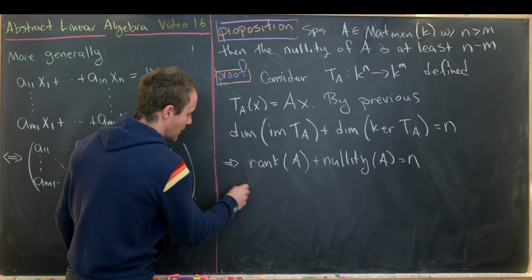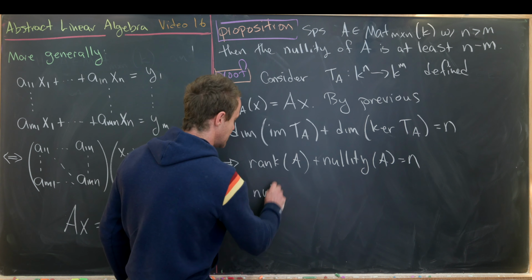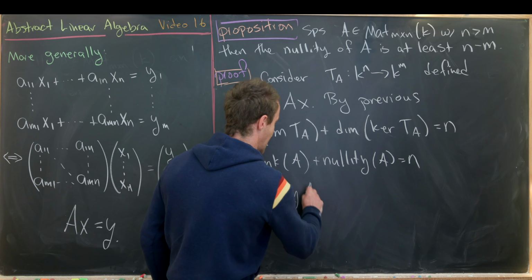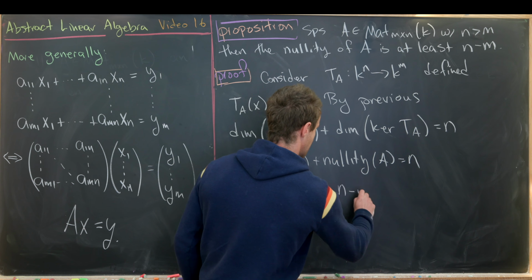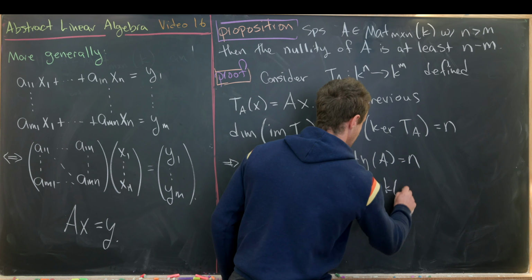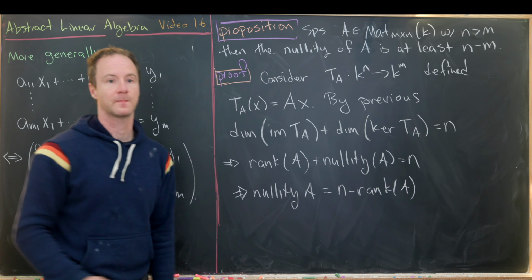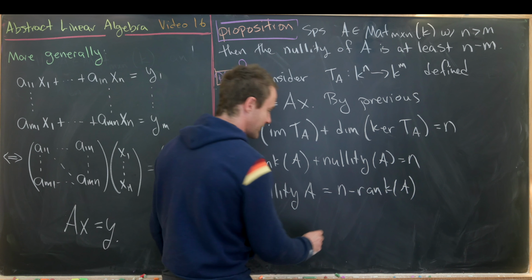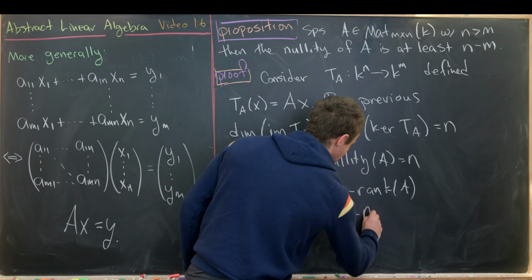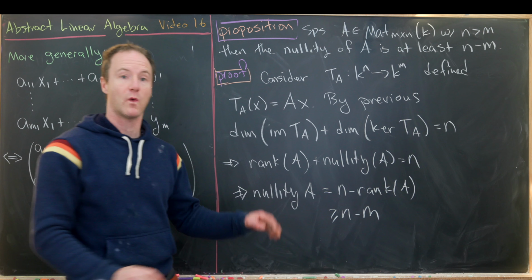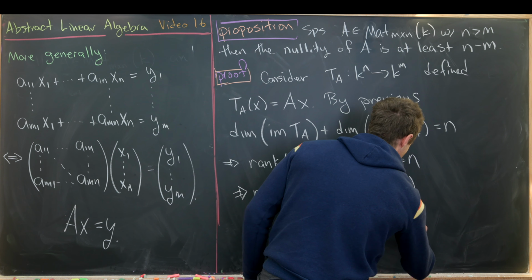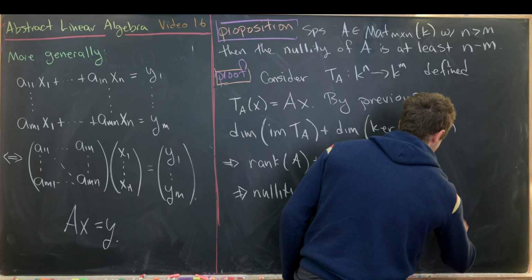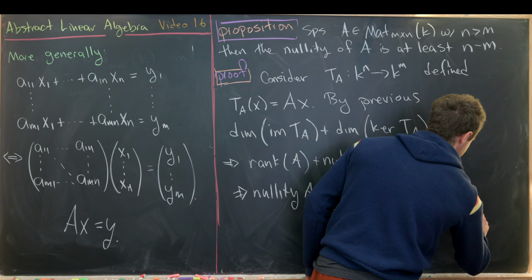Okay, but now we can say that the nullity of A is equal to n minus the rank of A. But that is most definitely bigger than or equal to n minus m. And why is that? That's because the rank of A will be less than or equal to m.